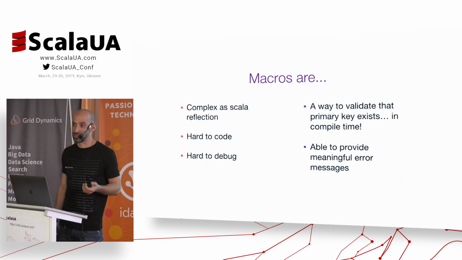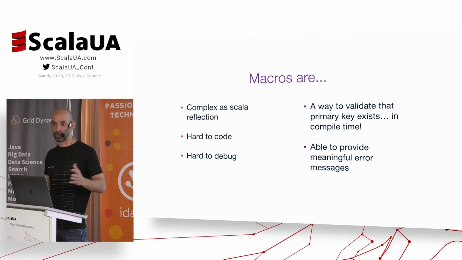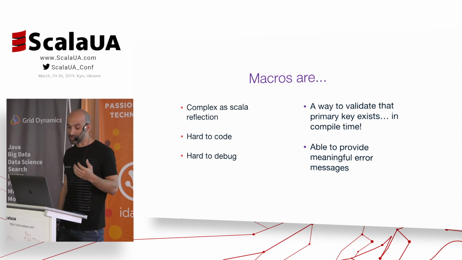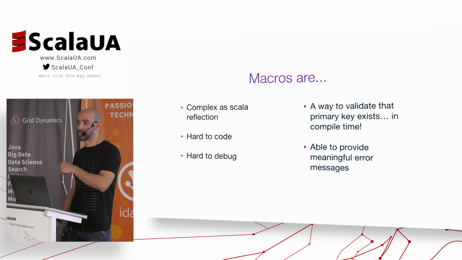Because everybody thinks macros are probably not that bleeding edge these days, but still, it's not a tool that we'll use for everyday solutions. So for example, one of the things that I can say about macros is that the first line that I wrote about it is: it's as complex as Scala reflection.